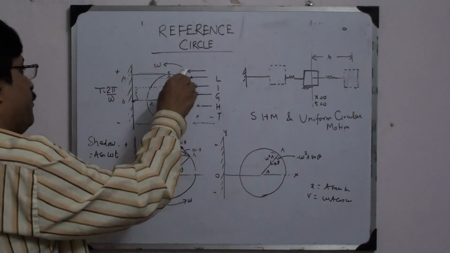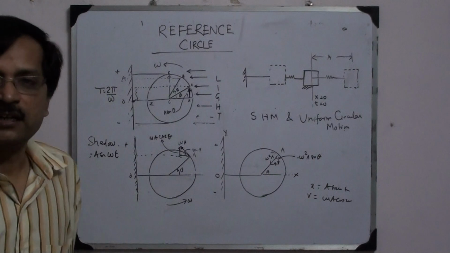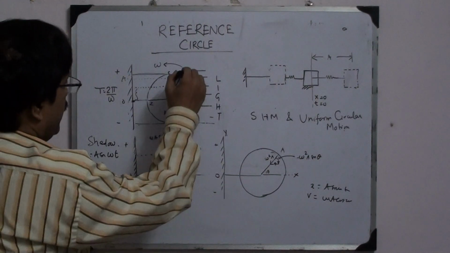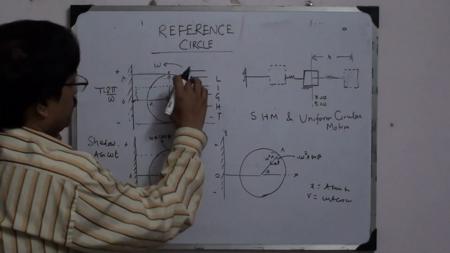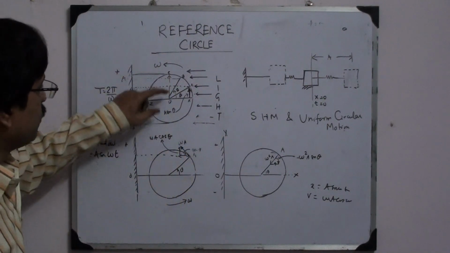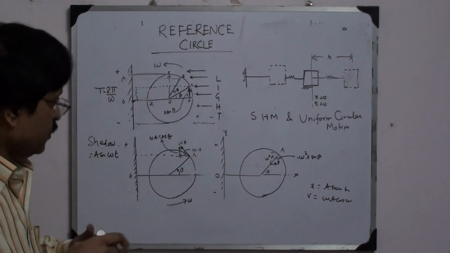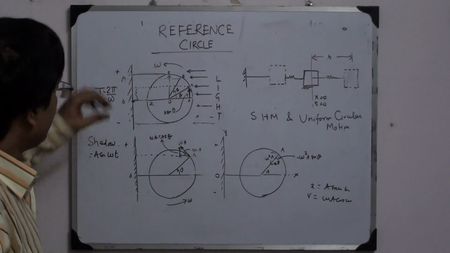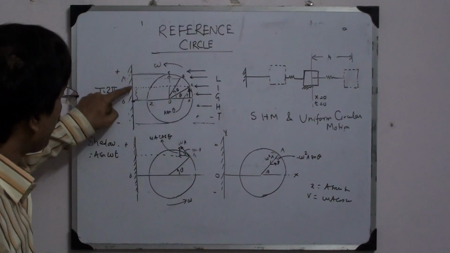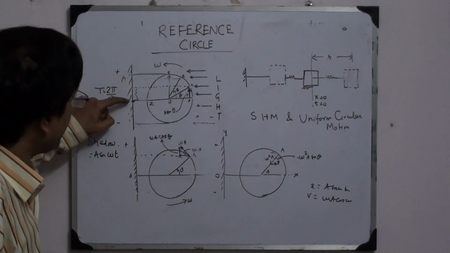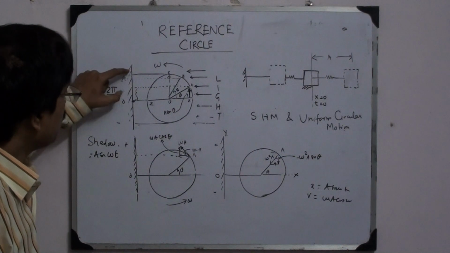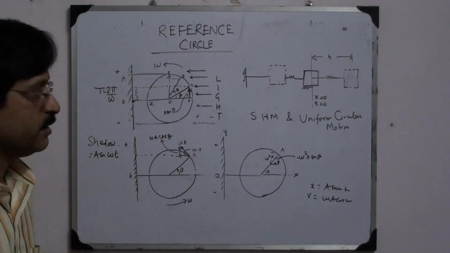What will it be at B when it gets an angle beta? It will be the projection of OB onto the wall, and that is OB sin beta. So the shadow of this point, as the point moves from A to B, will rise in height from this side to this side, corresponding to OB sin beta.